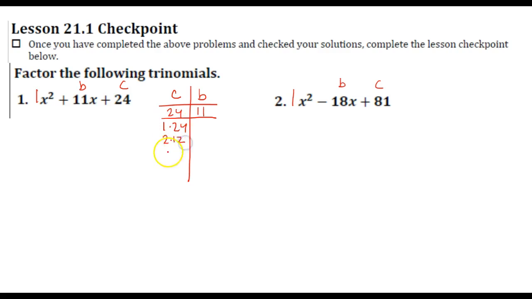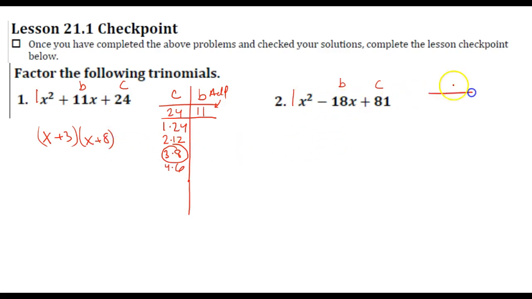There's a bunch of factors for 24. Just so you're aware, I'm sure you are. Which ones add to be 11 though? And that would be 3 times 8, right? So that's x plus 3 and x plus 8.